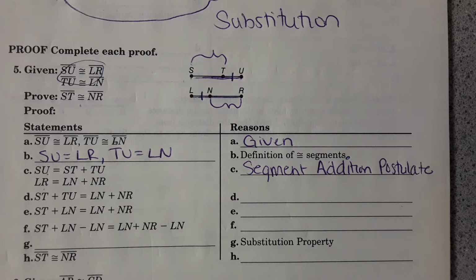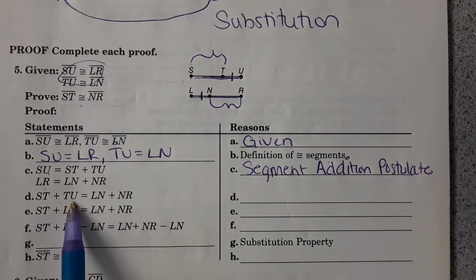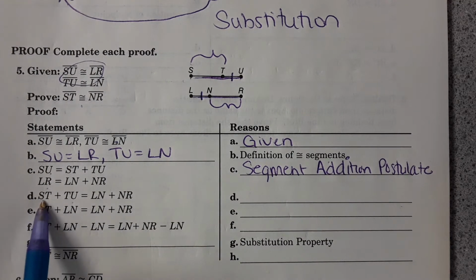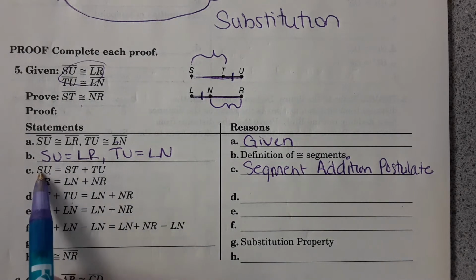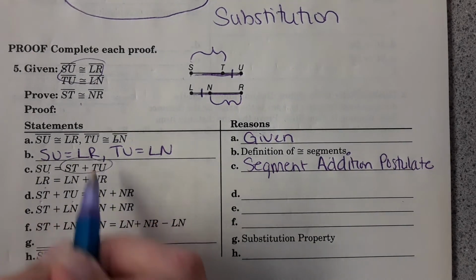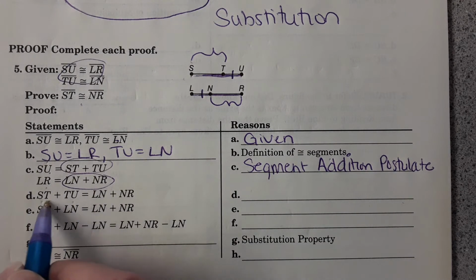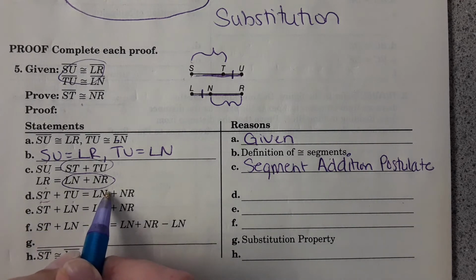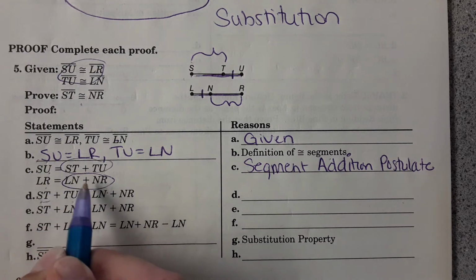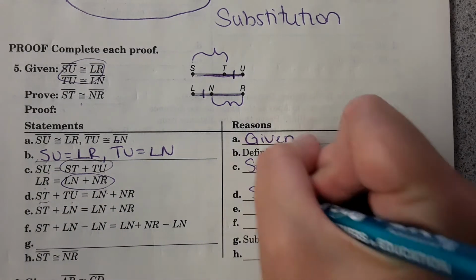Okay, here's where it gets kind of weird, but I'll show you what they're doing. Since SU equals LR and SU equals this, and LR equals this, they're plugging it into this to make this statement. So they're substituting this for that and this for that. So the reason is substitution.